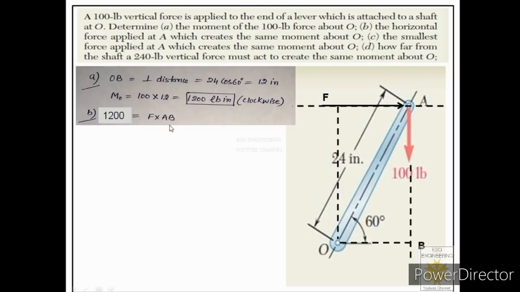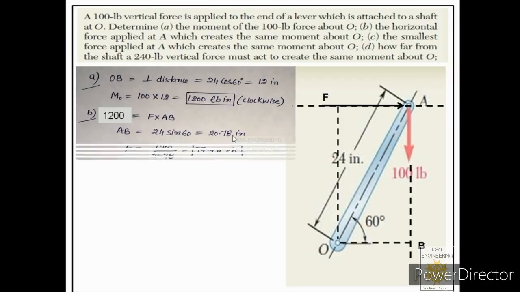So we have already found AB. AB will be equal to 24 inches into sine 60. So after this we will put the value of AB over here and we can get the value of F. So that will be equal to 57.74 pounds.